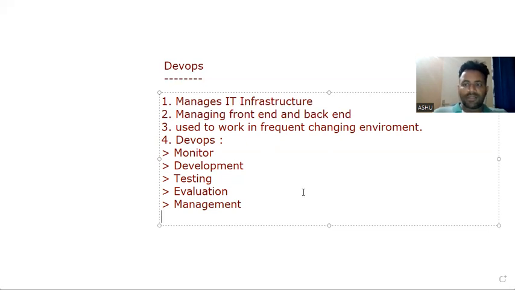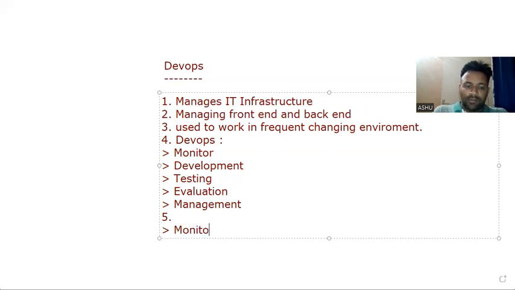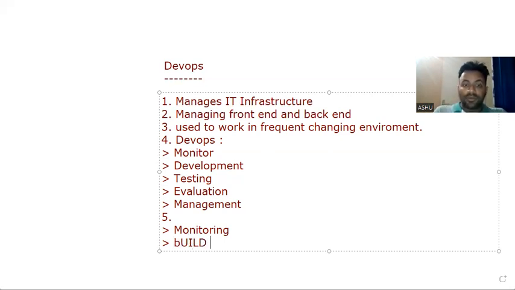Except that, as I told you, other important points for DevOps are monitoring and building. This is quite interesting for a DevOps engineer, and for the job role that we generally talk about.